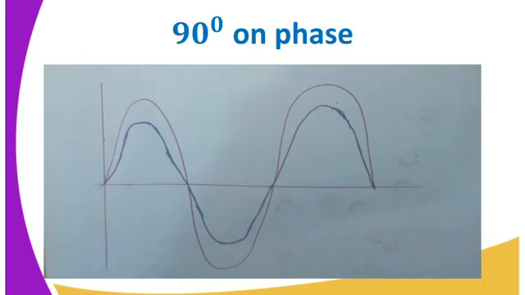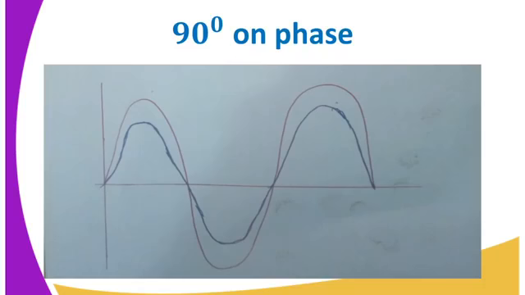So how do we draw that representation? Our initial wave is in red. We use that wave to draw another wave which is 90 degrees in phase, and I drew it in blue. These two waves travel at the same frequency.